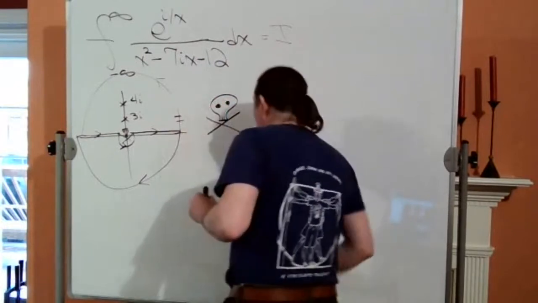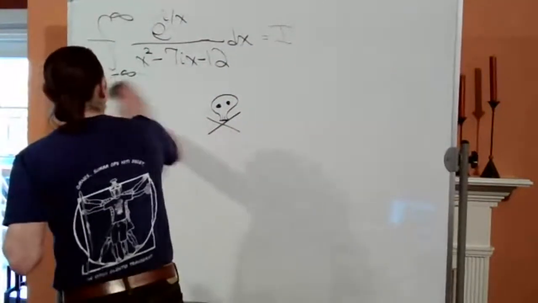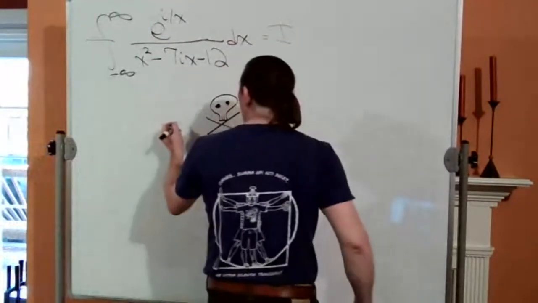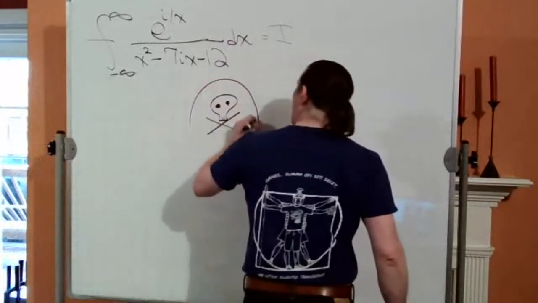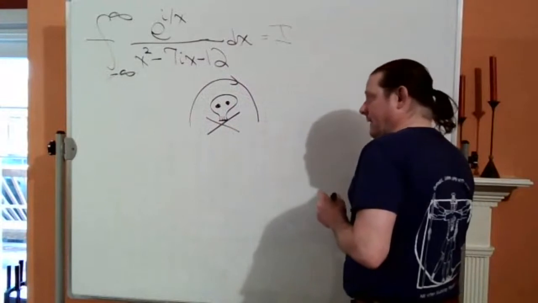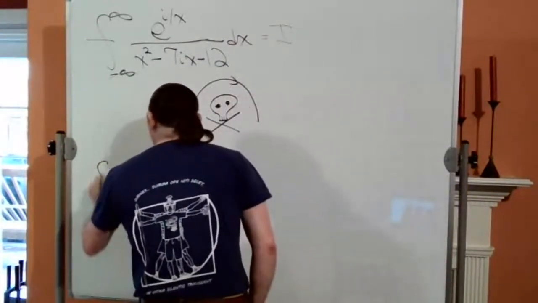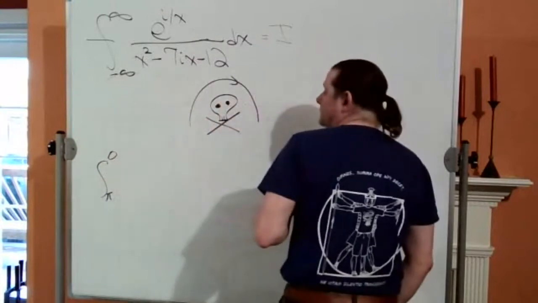Let's imagine going above that essential singularity and write out what that integral would give. Okay, I'm going from pi to 0.